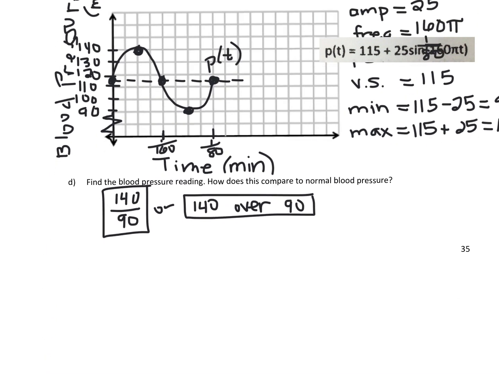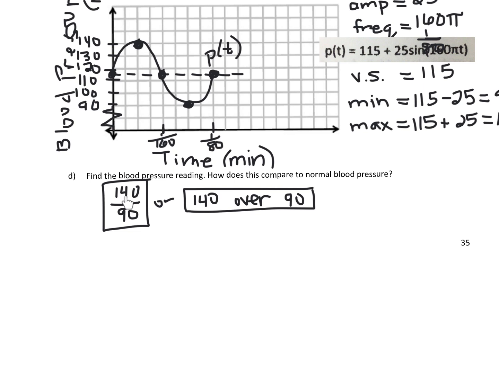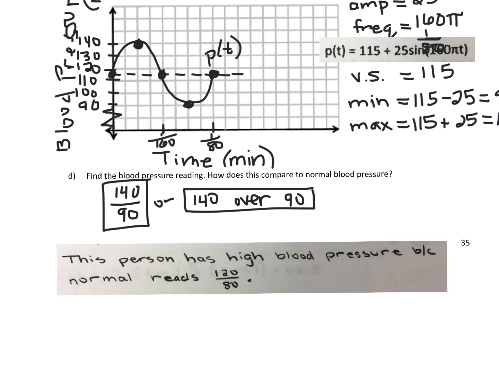Now let's look at what we have. We have 140 over 90, so this is higher. So this person, I would say, has high blood pressure because it's higher than the normal reading of 120 over 80. Okay, so there we have it. This person has high blood pressure because normal reads 120 over 80.